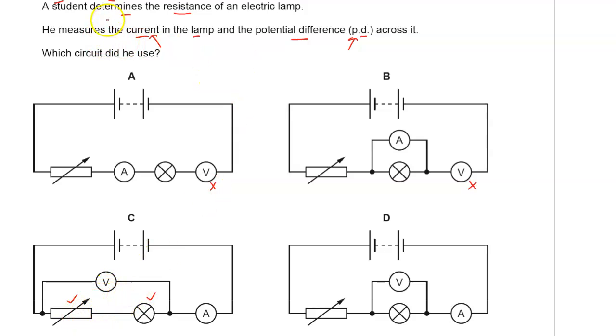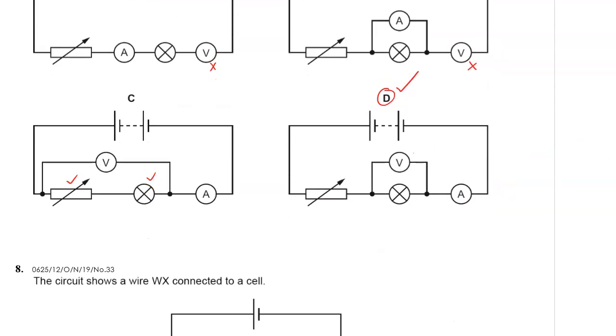He only needs to determine the resistance of the electric lamp, and we know that resistance is equal to voltage across the lamp divided by the current going through it. So you need the voltmeter across the lamp only, and the ammeter in series with the lamp. So the answer there is D.